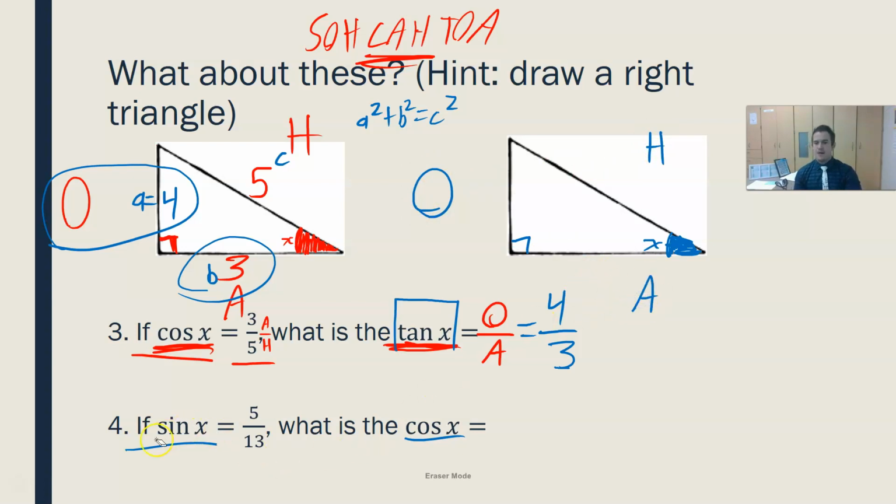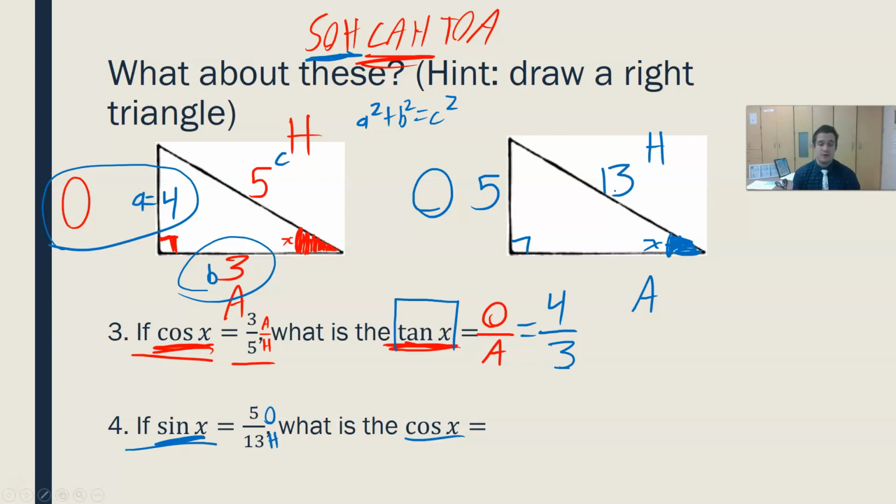Sine is equal to opposite over hypotenuse. So that means in this right triangle, the opposite side is 5 and the hypotenuse is 13. Cool, great. I can label some of the stuff in this right triangle based on the trig ratio I'm given.